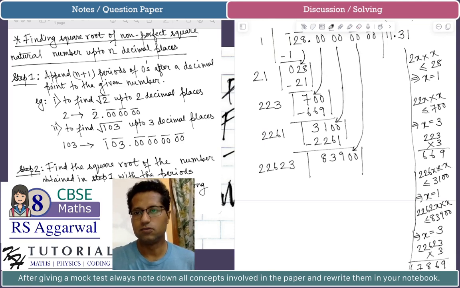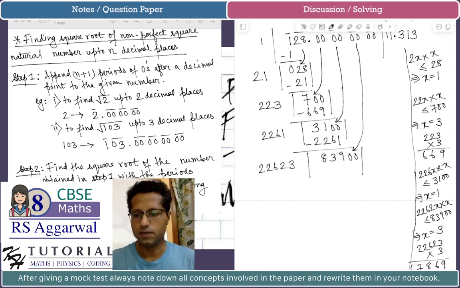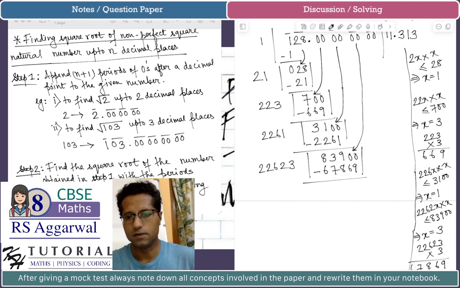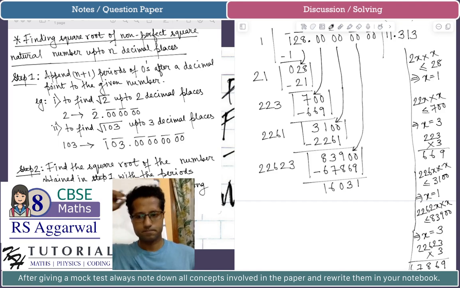I am appending 3 to the current quotient, and the divisor 22623 multiplied by 3 is 67869. Subtract that from the dividend 83900, and the remainder is 16031.